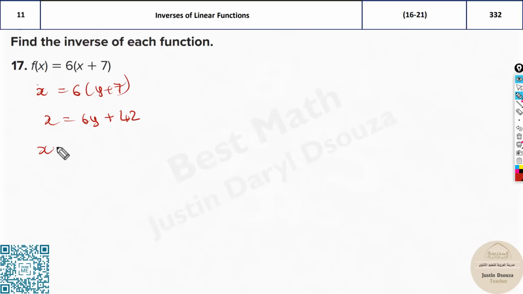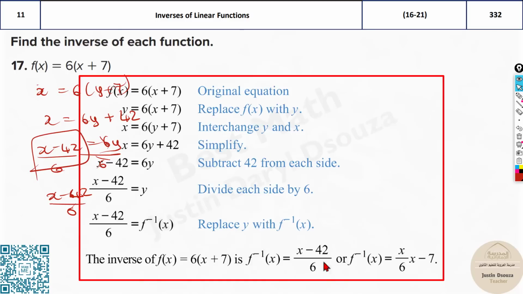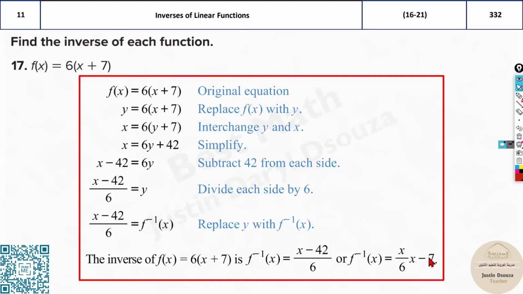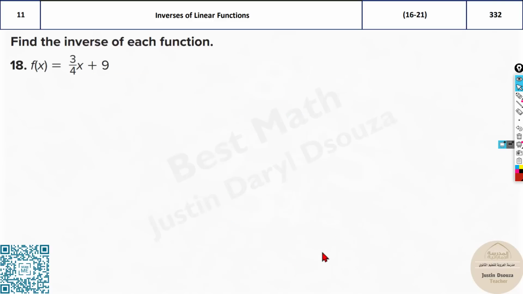And take the 42 to the other side. It'll be x minus 42 equals 6y. Divide both sides by 6. You will have x minus 42 by 6. You can just stop here because it's electronic. That's the answer, x minus 42 by 6. This also can be written in another way, but it's really done. Generally, you will get this in the options.